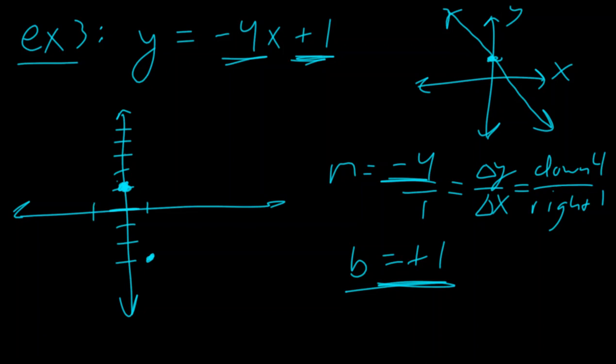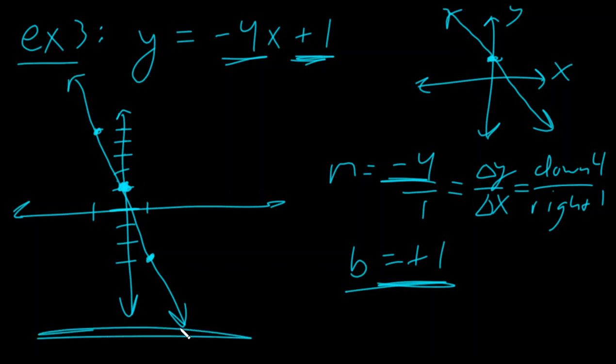So up 1, 2, 3, 4 to the left 1. And you'll notice it still forms our straight line or our linear function. Okay, let's go ahead and do one final one. Oh, and by the way, if you go back through this video, you'll find all of our actual graphs always match up with our rough graphs.